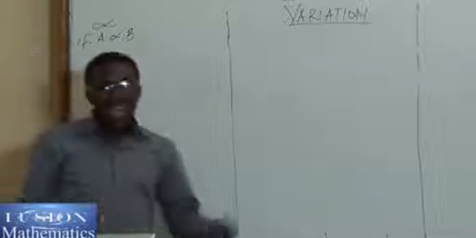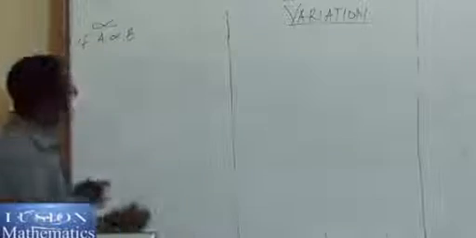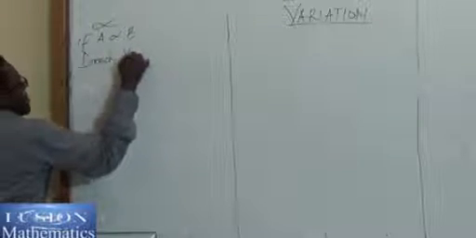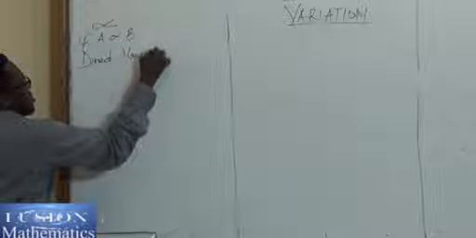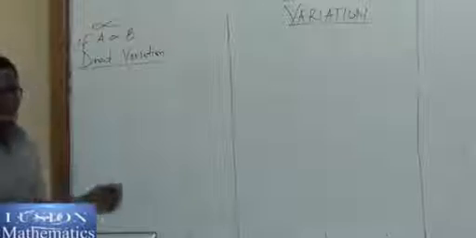Now, we'll be looking at types of variation. The first type of variation we'll be looking at is called the direct variation. For direct variation, we are looking at two quantities.